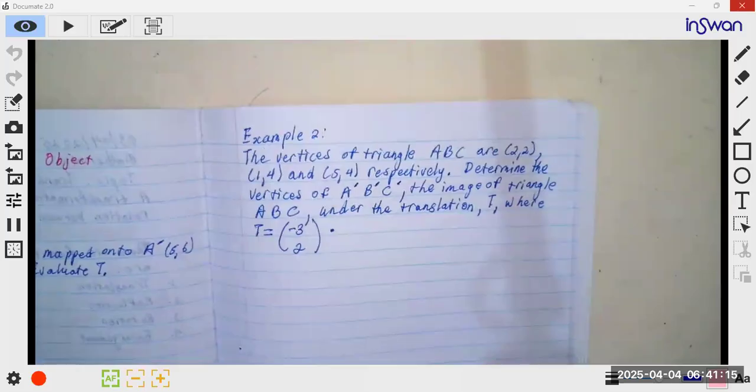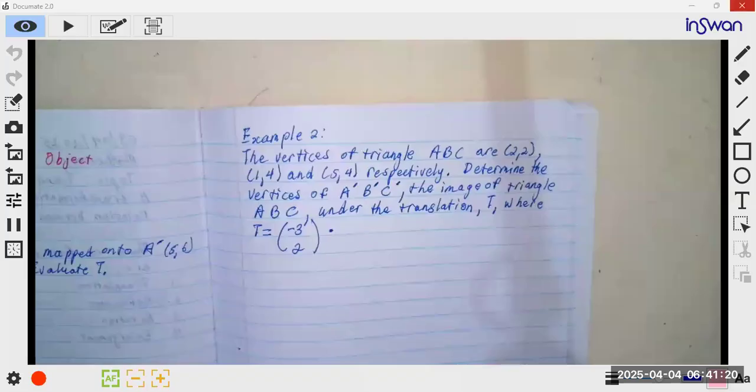So here we want to find the image given the object and the translation vector.